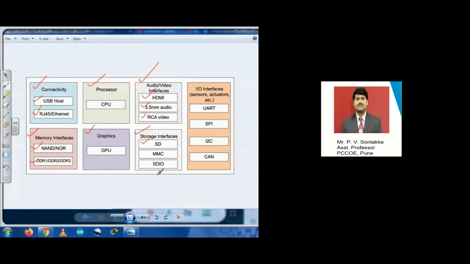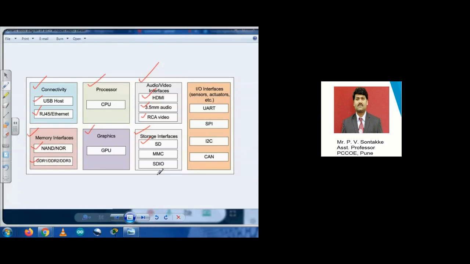If you go to the market and do a literature survey, SD will be commonly represented based on the sizes or the capacity of that particular storage device. It will be divided into secure digital, then SDHC, that is high, then SDXC, extremely high, and SDUC. That is based on the capacity of your devices.